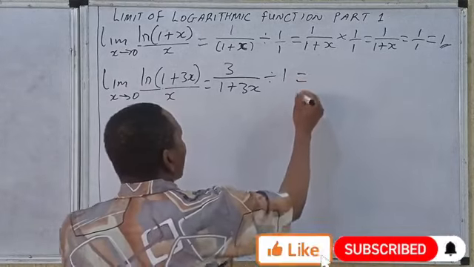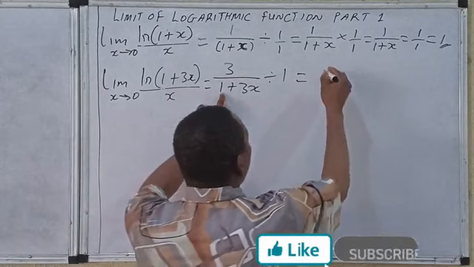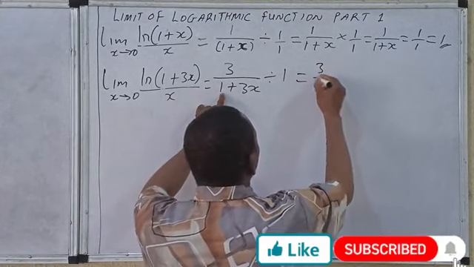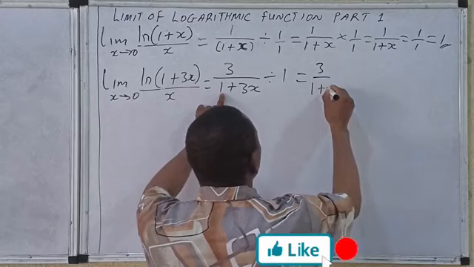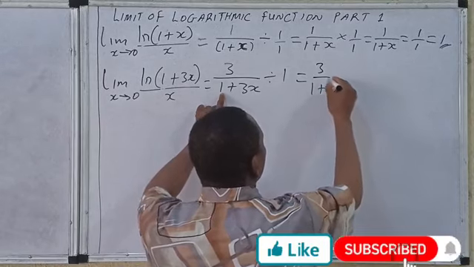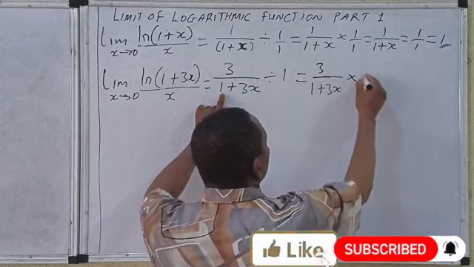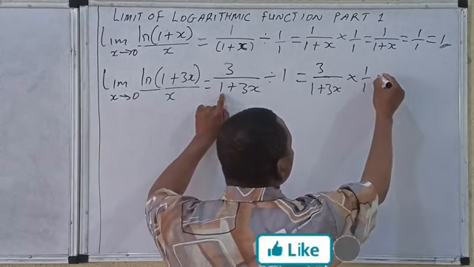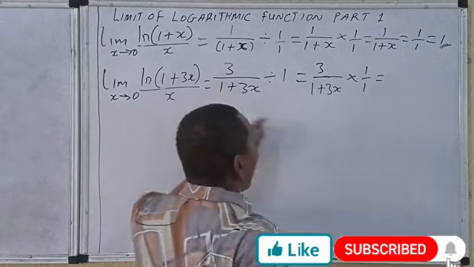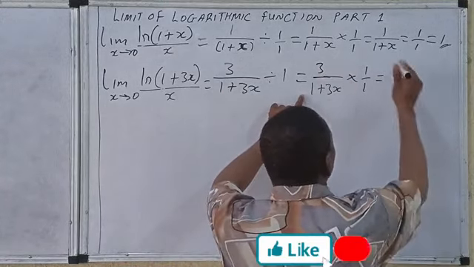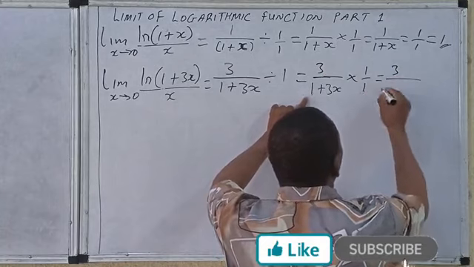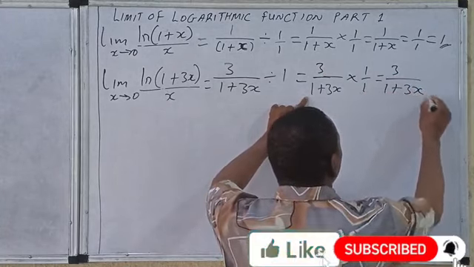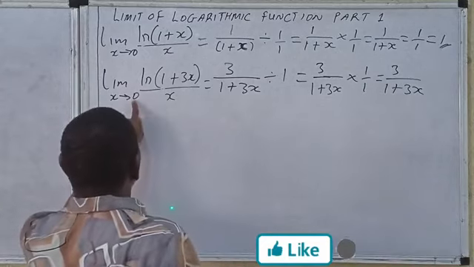You can rewrite this as 3 all over 1 plus 3x, over 1. And this you can rewrite as 3 all over 1 plus 3x.